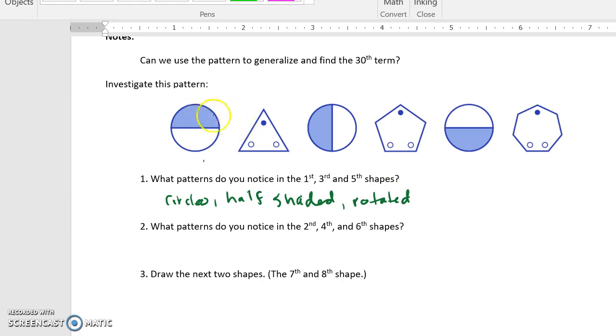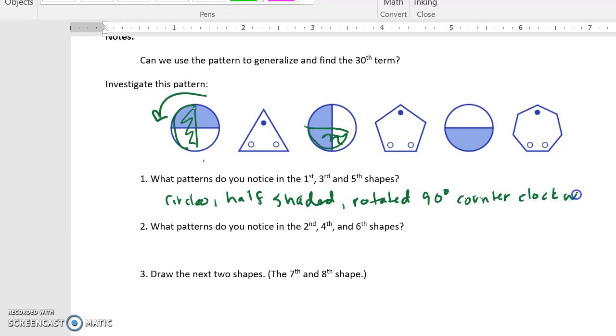Let's see, this is going from here, and then the next term goes here. And then from there, the next term goes like this. So they're rotated 90 degrees, and we're rotating this way, which would be counterclockwise.